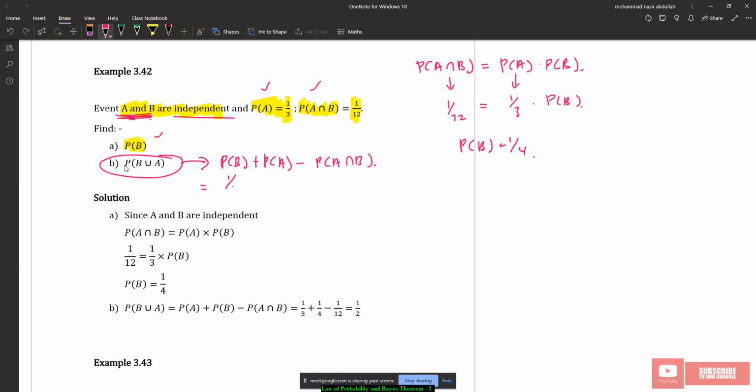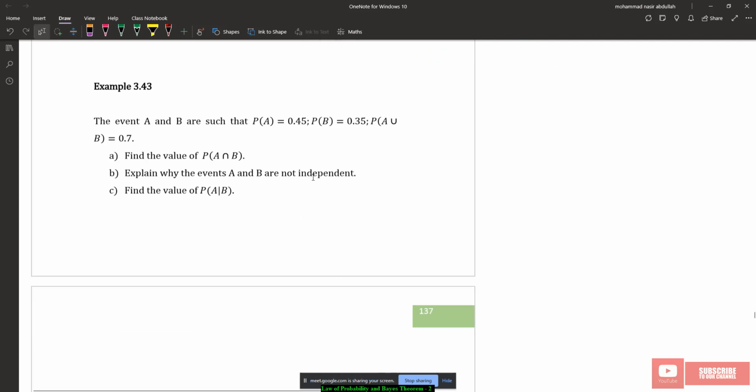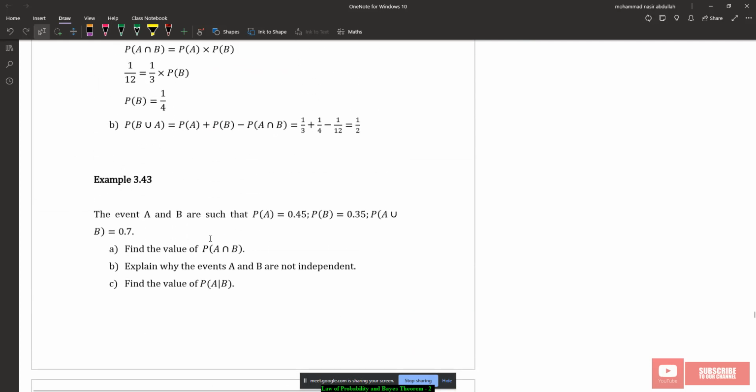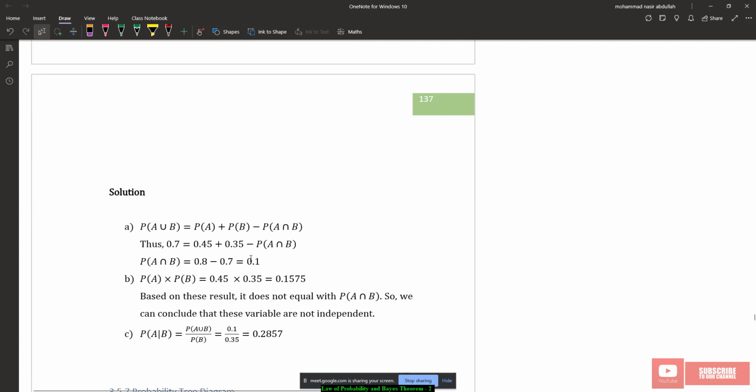We just input the values dalam formula. This one should be 1 over 3 plus 1 over 4 minus 1 over 12. So this one should be 1 over 2. So this is simple, right? Just plug the values into the formula, right? So kita skip this one. You boleh baca sendiri because I already give you the answer. Right? We will focus on final exam questions.